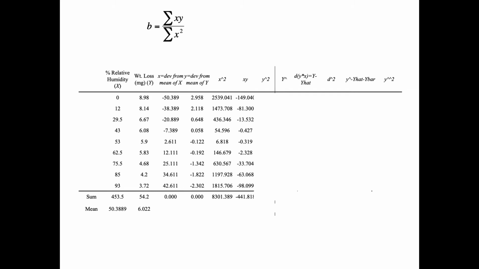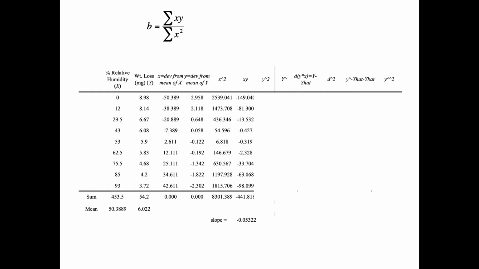Recall that the slope value is the sum of the x times y values divided by the sum of the x squared values. And so it would be minus 441.818 divided by 8,301.389. And when we do that calculation, we arrive at a slope of negative 0.0532.